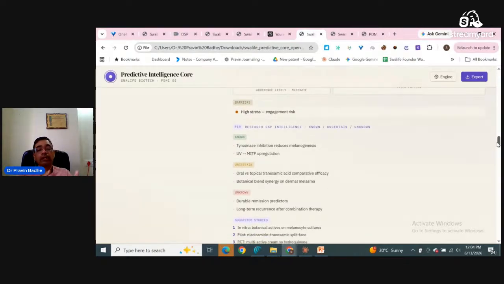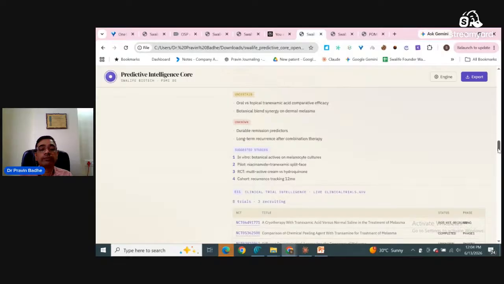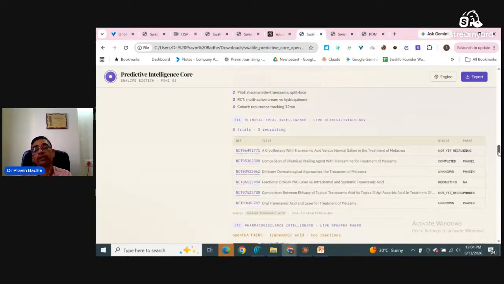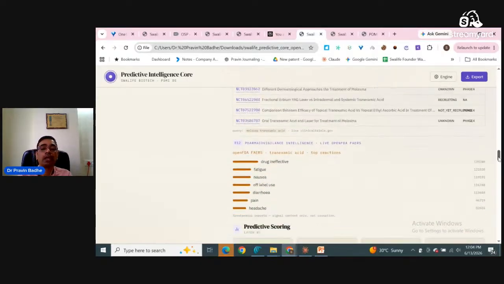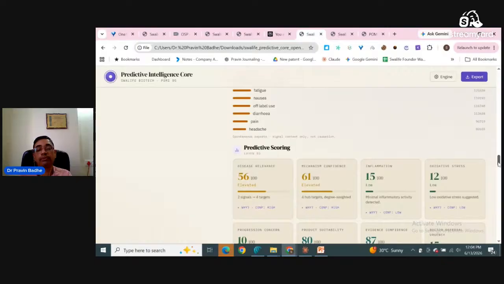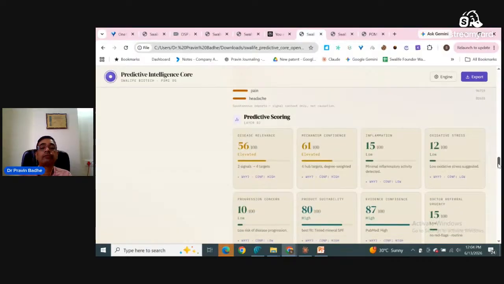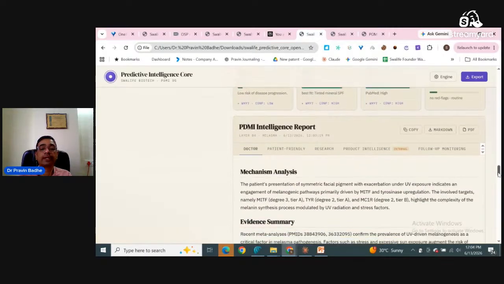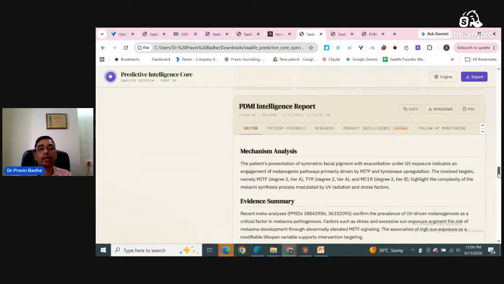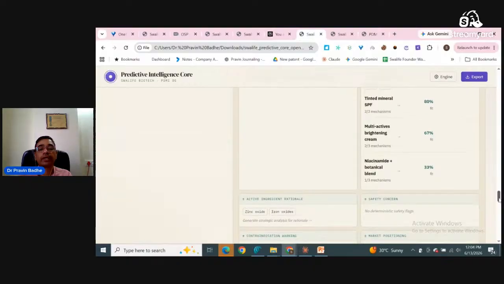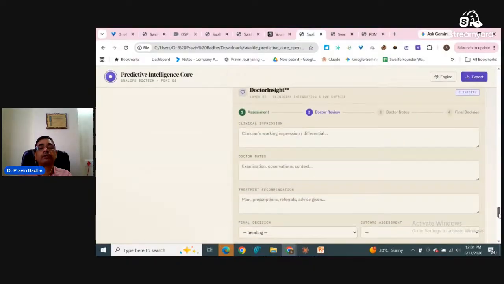So when the researchers are using this, a lot of information about that disease, connecting to what is available in the literature and what we can develop, can be understood. Predictive scoring can be understood, and a complete predictive decision medicine intelligent report is created, which can be utilized for further studies.